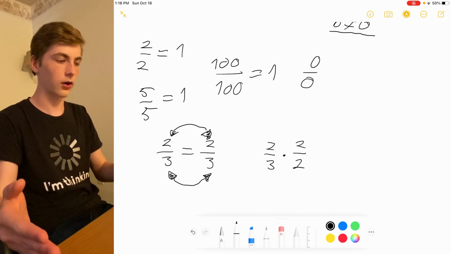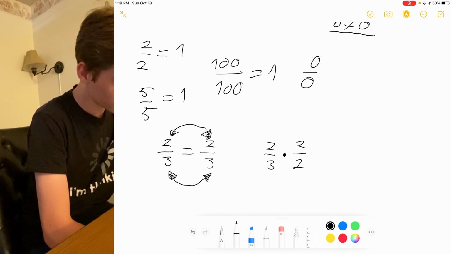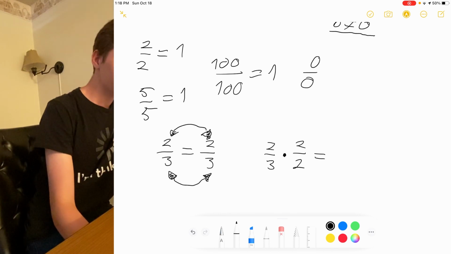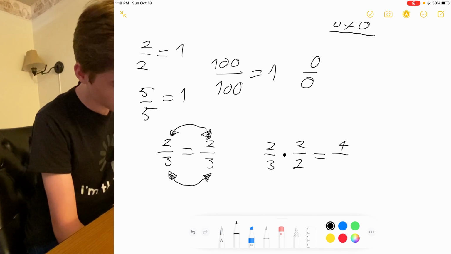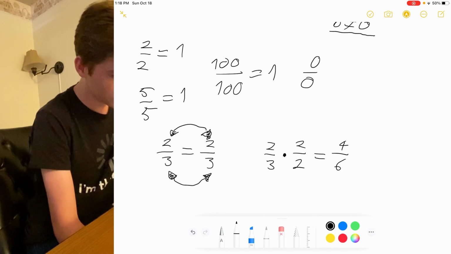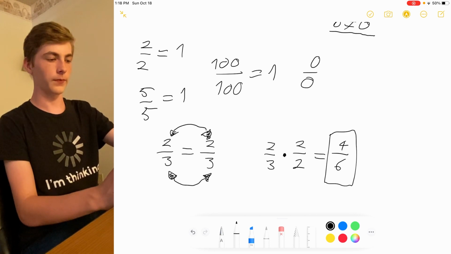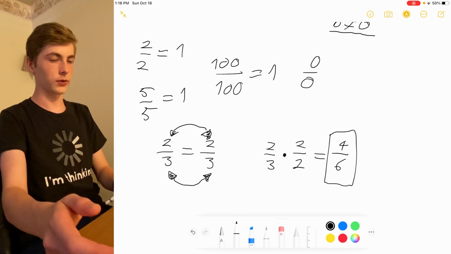And we know multiplying by 1 doesn't change the fraction at all. We will cover multiplication of fractions in a second, but I'm just going to do this, and I think you'll see where it's going. 2 times 2 is 4, 3 times 2 is 6. So now I have 4/6, which is the same thing as 2/3 times 1, which is the same as 2/3.